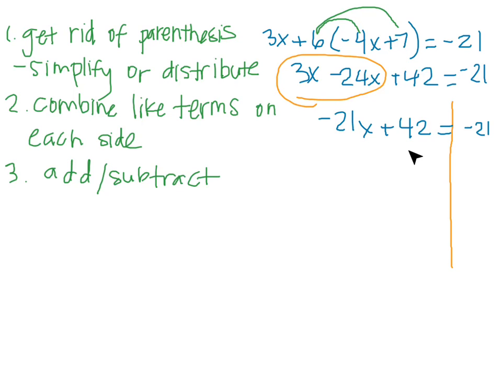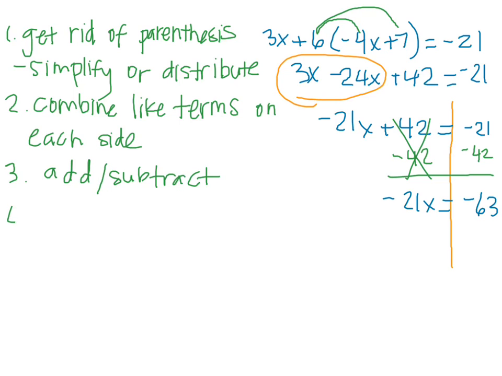There's the multiplication, there's the addition, there's the equals. So let's subtract 42 from both sides. 42 minus 42 is 0, so that is gone. I have negative 21x, and I have negative 63. Negative 21 and negative 42 were both negative numbers, so I add them and keep the sign.